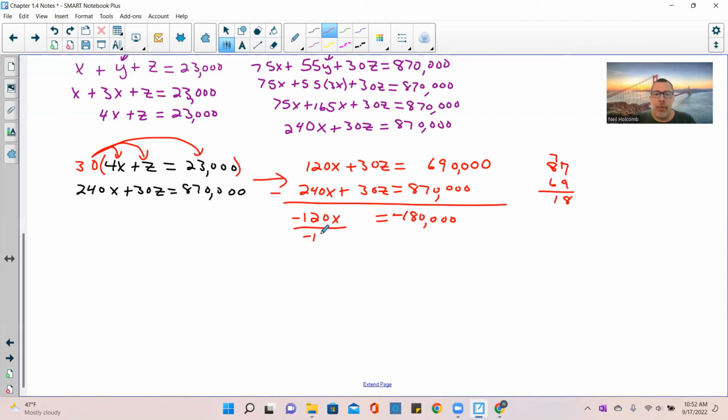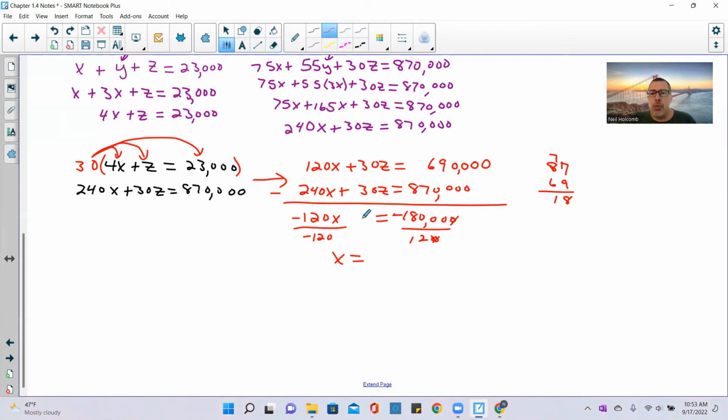And then I divide by 120 on both sides. So x is going to equal, so this 0 will cancel with that 0. And actually, let me just do it with a calculator. Okay.